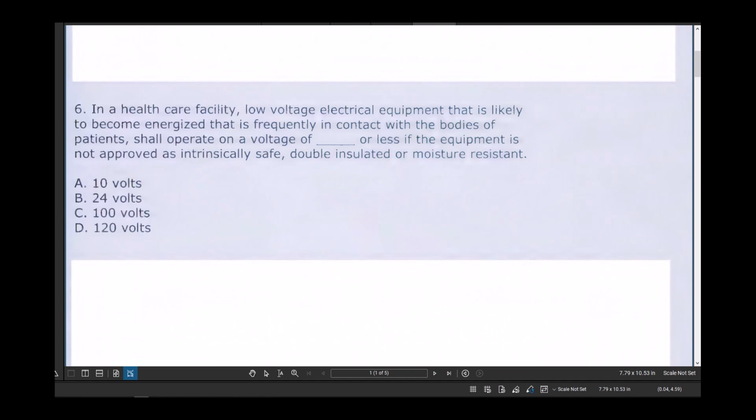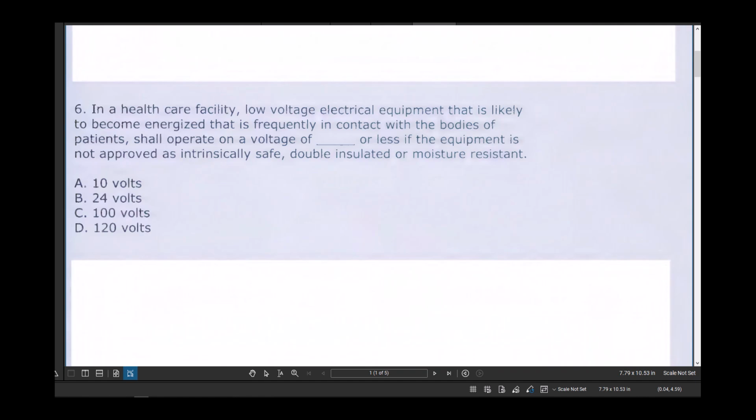Question 6. In a healthcare facility, low voltage electrical equipment that is likely to become energized and is frequently in contact with the bodies of the patients shall operate on a voltage of A, 10 volts, B, 24 volts, C, 100 volts, D, 120 volts or less if the equipment is not approved as intrinsically safe, double insulated or moisture resistant.